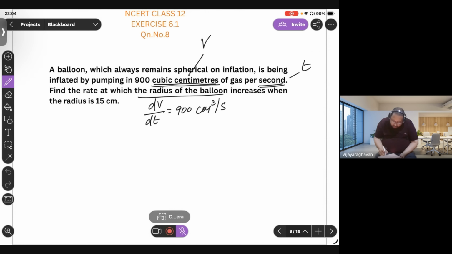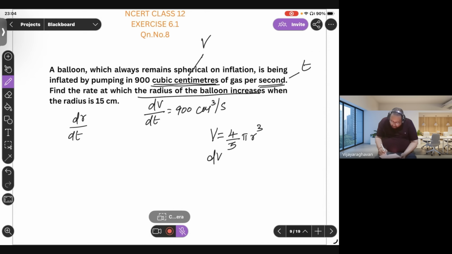So the radius of the balloon, that also is to be the derivative of radius with respect to t. So we should find out dr/dt because time is there. So spherical radius. First of all, let us establish spherical volume equals 4/3 pi r cube.